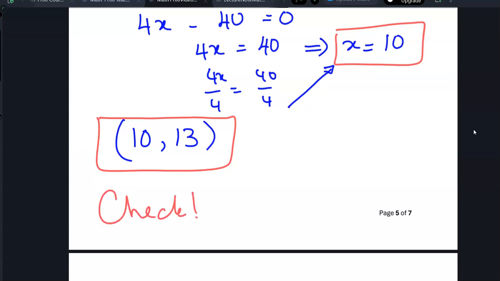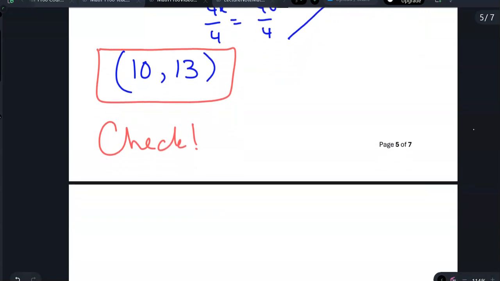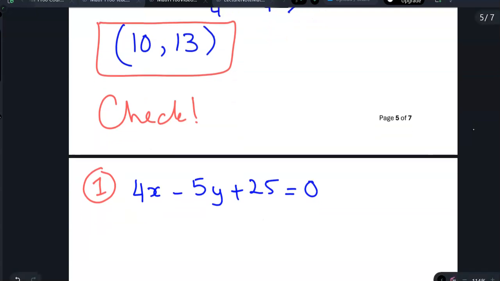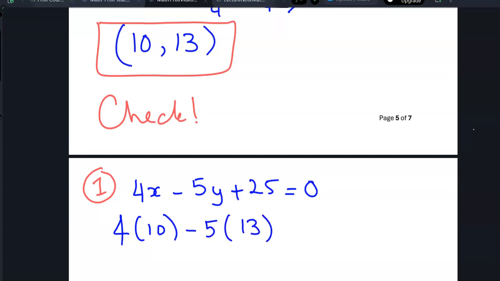We need to check to see if this solution stays true to both equations. So you have to check in both. So in equation 1, the equation is 4x minus 5y plus 25 equal to 0. So I will put in 4 times 10 minus 5 times 13 plus 25.